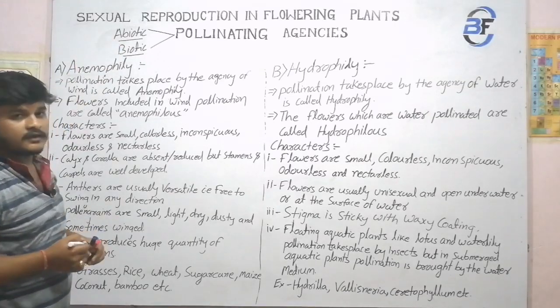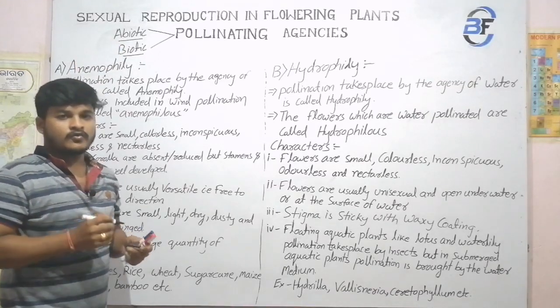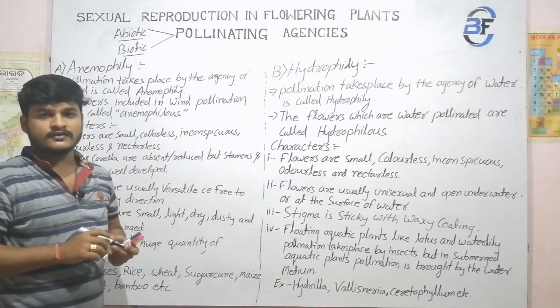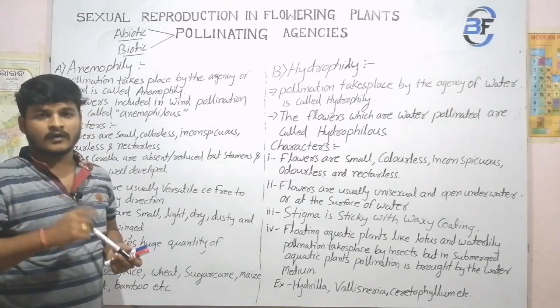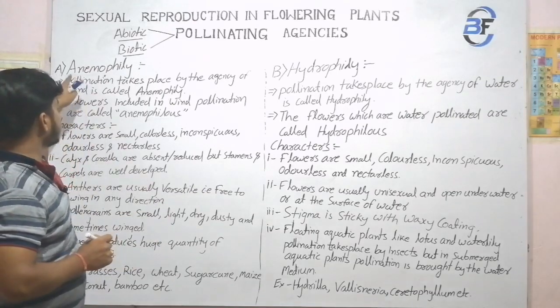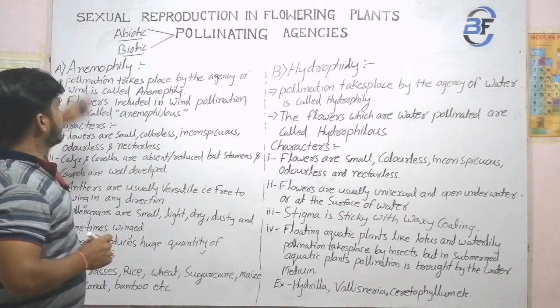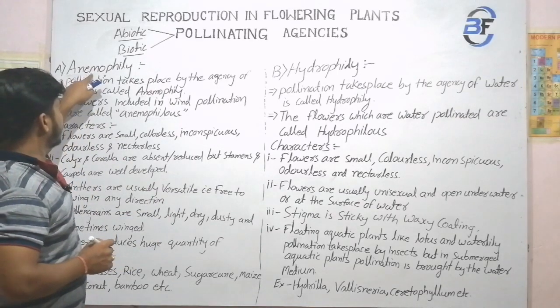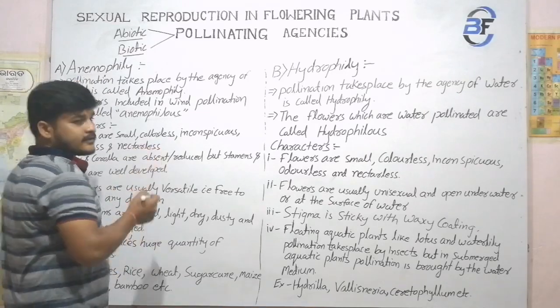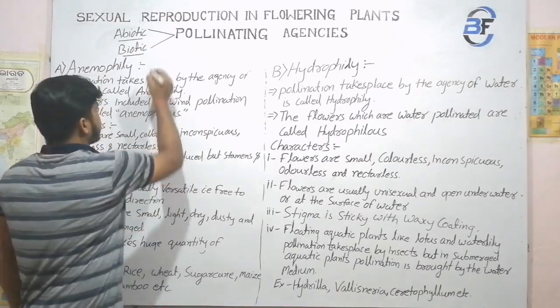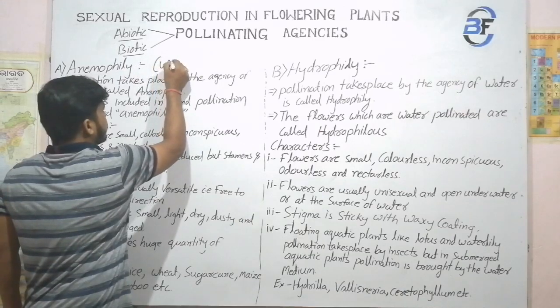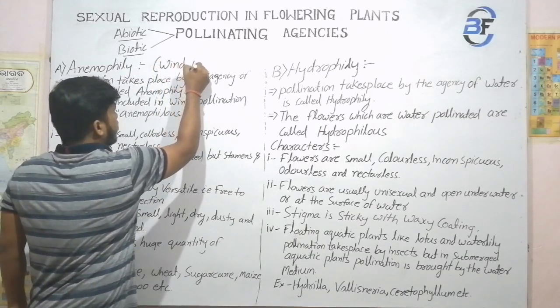In abiotic, mostly two types of agencies are there. One is wind, another one is water. The first one is anemophily. Anemophily means pollination takes place by wind. It is otherwise known as wind pollination.